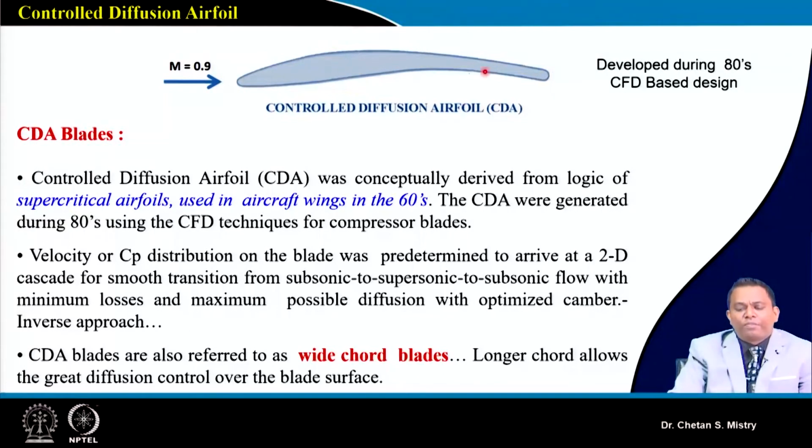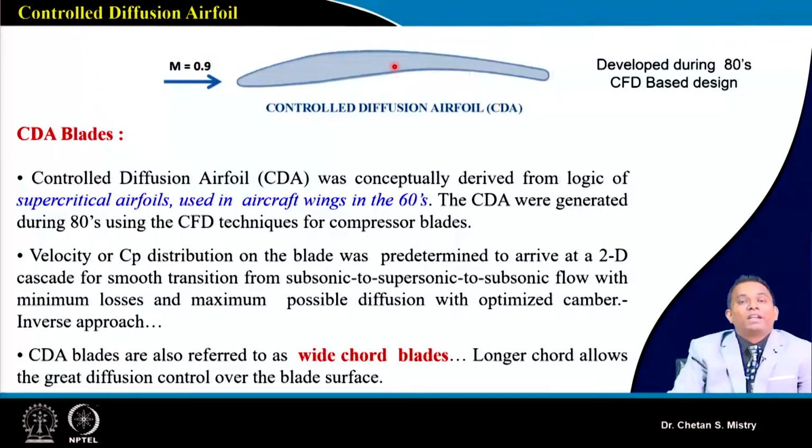If we look carefully, this blade seems to be wide chord. The length, or chord, of this blade is large, and that will give effective diffusion on my blade surface. So, recalling the recent trend, we were discussing low aspect ratio fans where people were using wide chord blades.